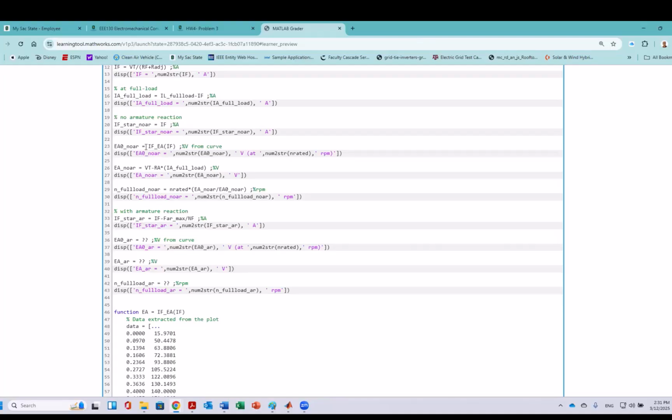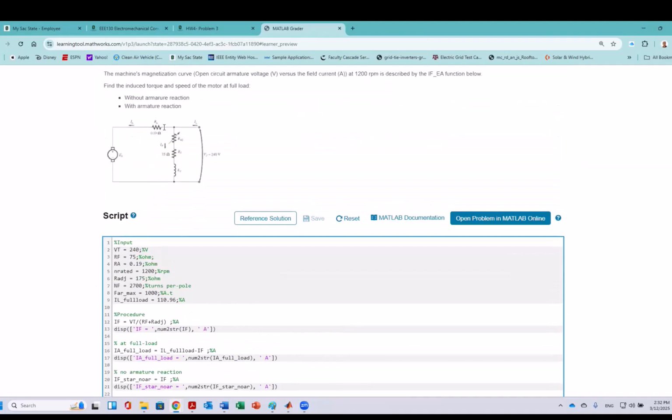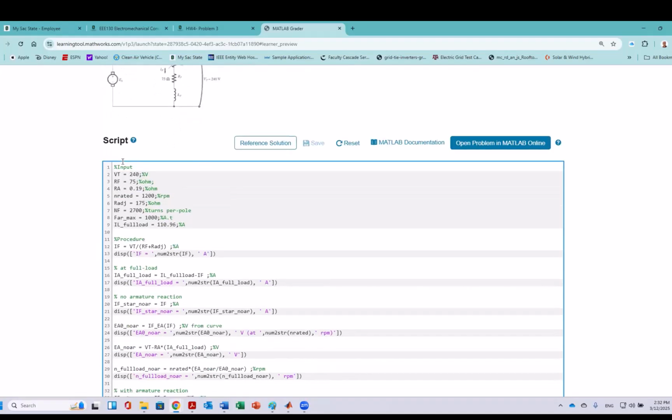Now with that, you can use the same function, but with the new IF star value to determine EA0 when there is armature reaction. So that happens at the rated speed. Now, the actual EA when there is armature reaction is how much? That would be the same as EA when there is no armature reaction, because you have the same armature current and same VT, so the same EA would be found.